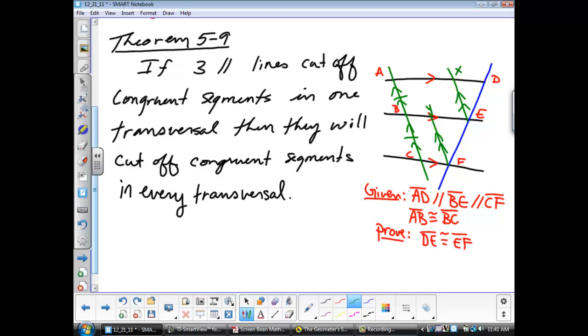So what I know is opposite sides of parallelograms are congruent, which means I'm going to be able to state that XE and YF are also congruent. Do we have some congruent angles since we have parallel lines? Yeah, we do. This blue transversal of lines XE and YF have some corresponding angles that must be congruent, that are parts of those triangles.